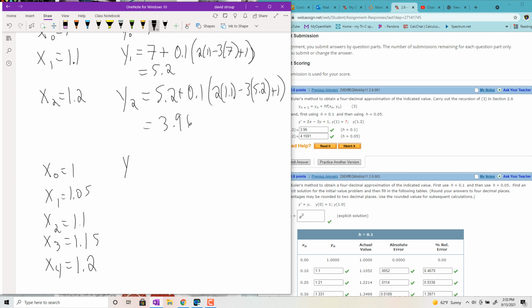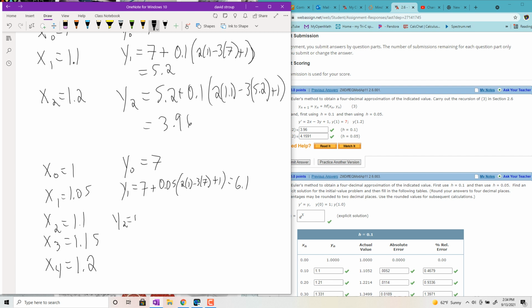So y sub 0, of course, I believe is 7. Y sub 1 will be 7 plus our new h value, 0.05 times 2 times 1 minus 3 times 7 plus 1. So 7 plus 0.05 times 2 minus 21 plus 1. So it's 6.1 here.